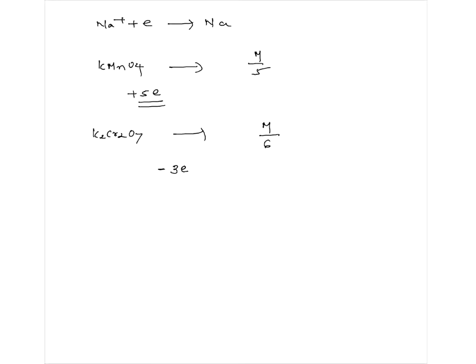So in redox reaction, how do we find out the equivalent weight of something? Just see its mass and divide that by total electron transfer per unit of it. So watch KMnO4.